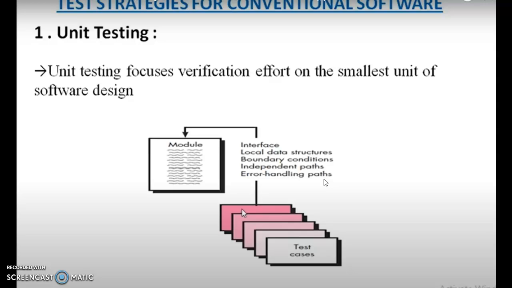Selective testing of execution paths is an essential task during unit testing. Then the test cases should be designed to uncover errors due to erroneous computations, incorrect comparisons, or improper control flow. These are all tested in the unit testing process.